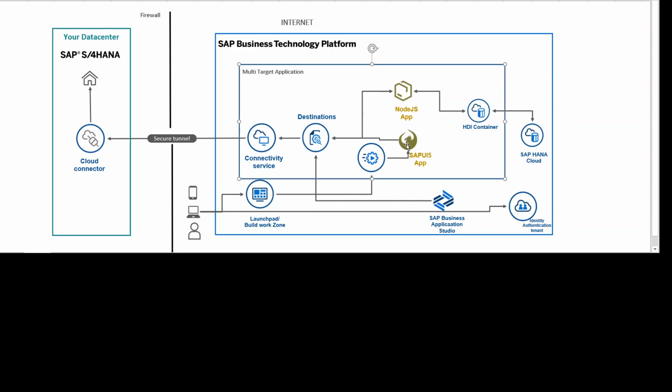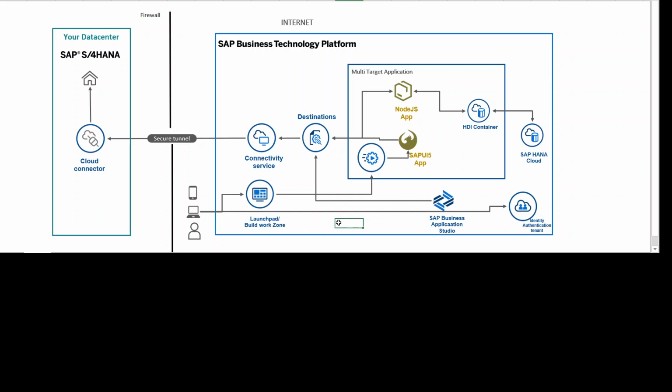The different modules that we have are SAP UI5, Node.js, HDI container. These service instances are two-way. They have a leg inside the application and a leg outside at the account level to help us communicate seamlessly.